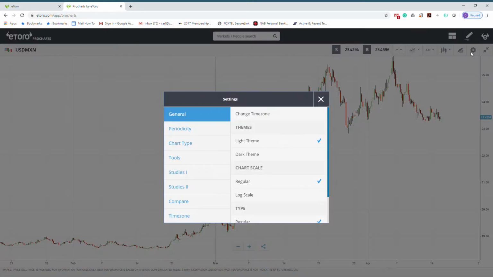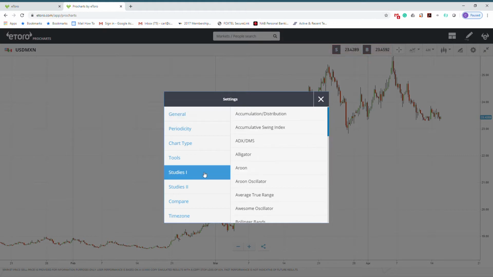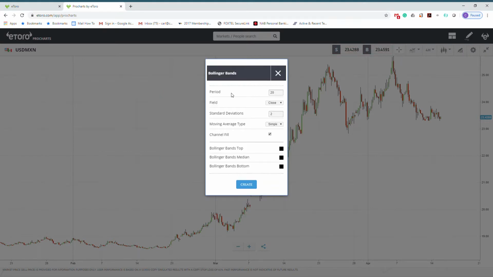Let me add the Bollinger Band to our chart. It's here. So we'll leave the period at 20 MA, which is standard, and also the standard deviations at 2. This is just the offset from the EMA.